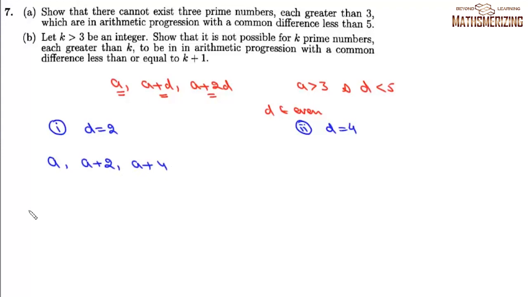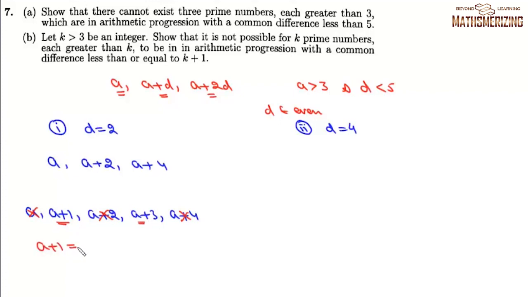Now we consider these 4 numbers a plus 1, a plus 2, a plus 3 and a plus 4. At least one of them is divisible by 3. Now since a plus 2 and a plus 4 are prime numbers, they are not divisible by 3. That means either a plus 1 is divisible by 3 or a plus 3 is divisible by 3.